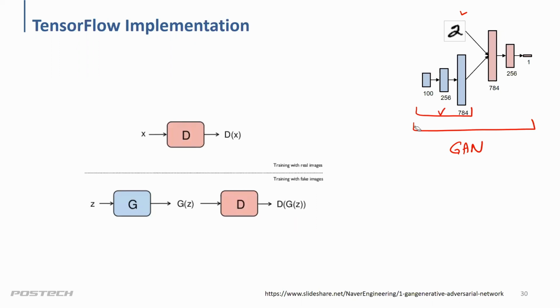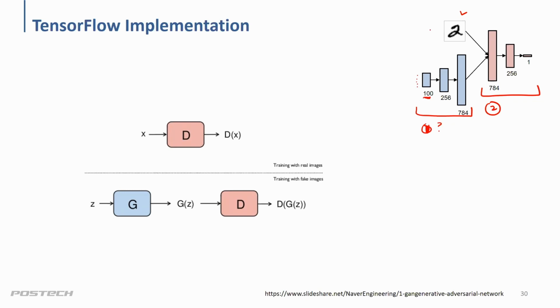I mentioned that the GAN consists of two networks, a discriminator and the generator. So number one, starting from latent space, in this case, is 100 neurons.